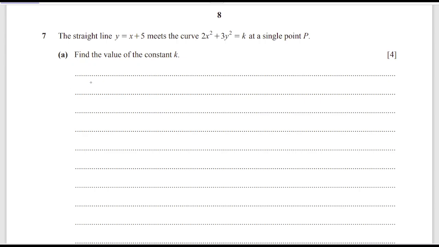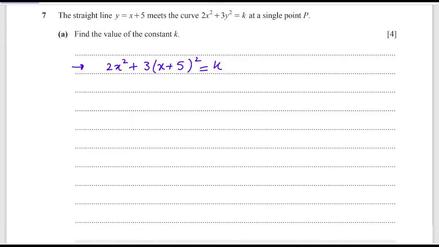So first thing, substitute y equals x plus 5 into the second equation and make a standard quadratic equation in x. So this is equals to k. Now expand the brackets, apply the complete square identity. This is 2x square plus 3 times x square plus 2 times 5 times x, which is 10x, plus 5 square is 25, minus k is equal to 0.